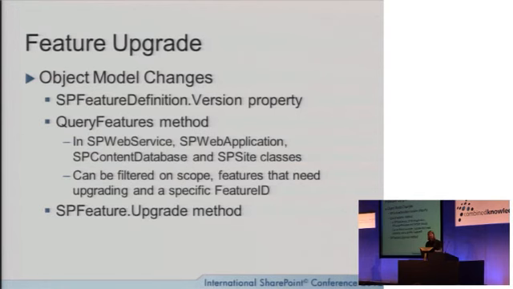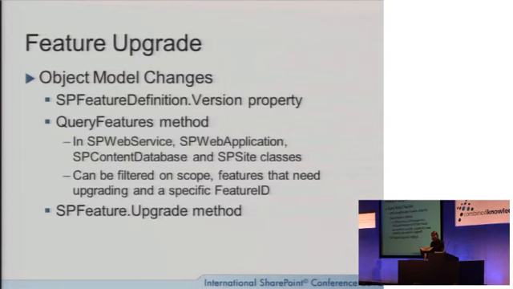We also now have the QueryFeatures method, and that's available on different scopes. So you have the QueryFeatures method on the SPWebService class, which means you get all the features that might need upgrading within the farm. We can also do that on the SPWebApplication, so you get the features that might need upgrading on the web application, on a content database, or on a site collection.